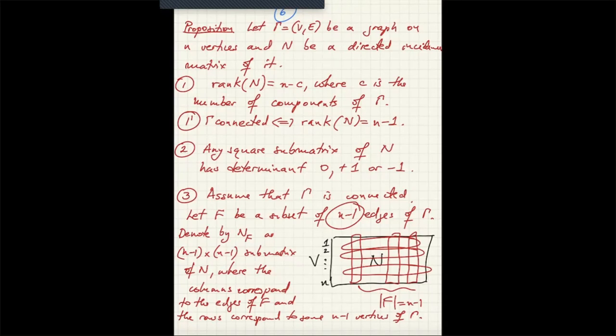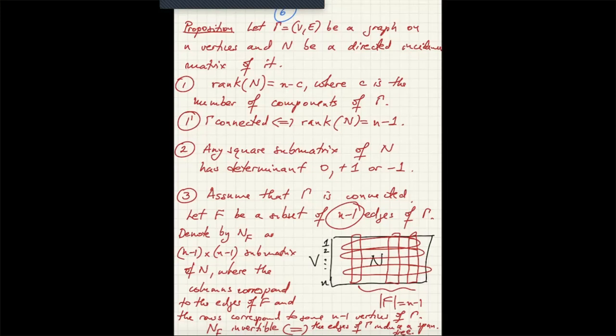Now what we want to prove is the following, is that N_F is invertible if and only if the edges of F, the subgraph of gamma induced by the edges of F, induce a spanning tree. You have n vertices and you have n-1 edges. So sometimes n-1 edges will give you a tree, but that doesn't have to be the case all the time.